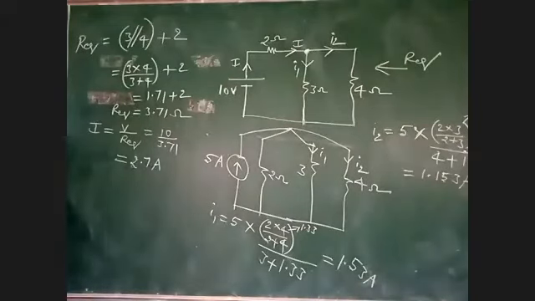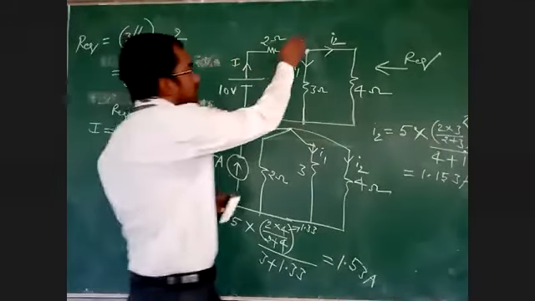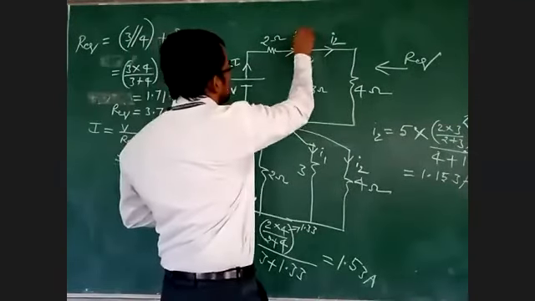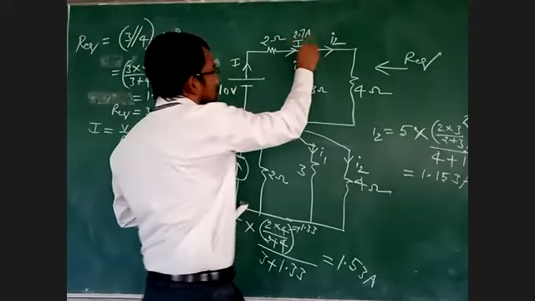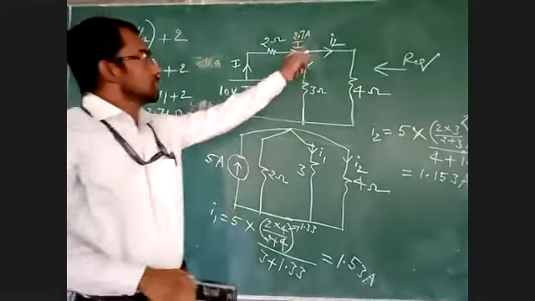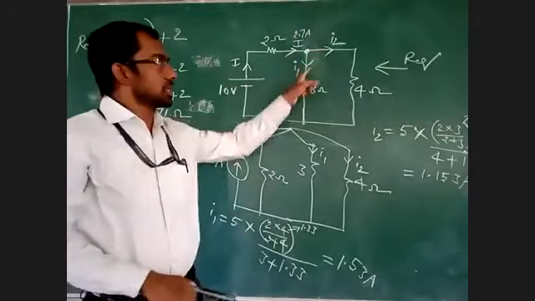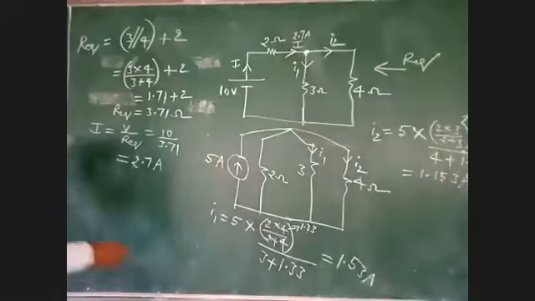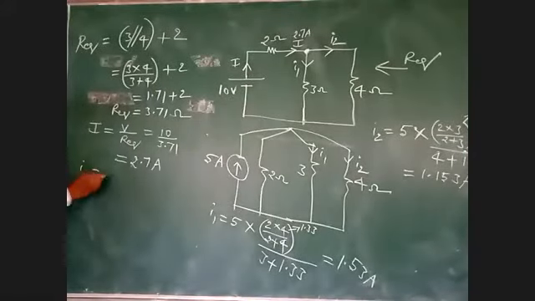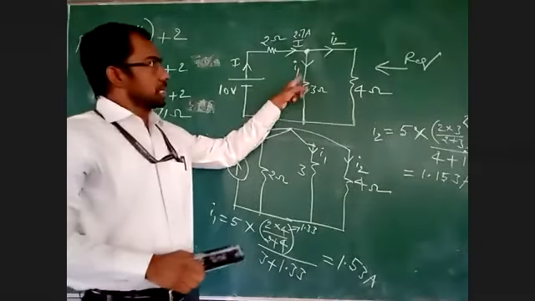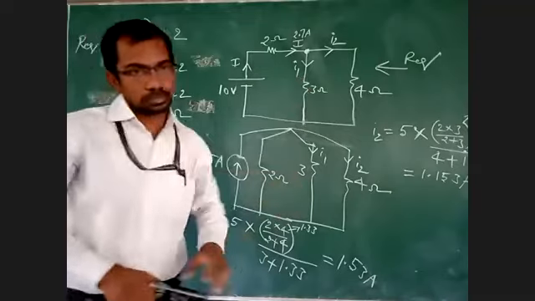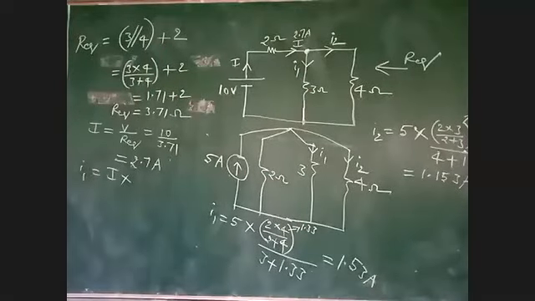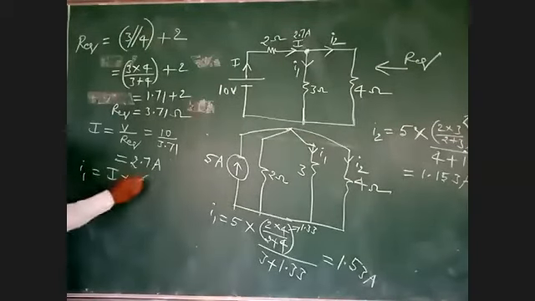Now here 2.7 ampere is coming into this node. This 2.7 is dividing in these two branches. Now I1 is equal to total current into, what is the opposite branch for I1? It is only 4. Only parallel branches you see.